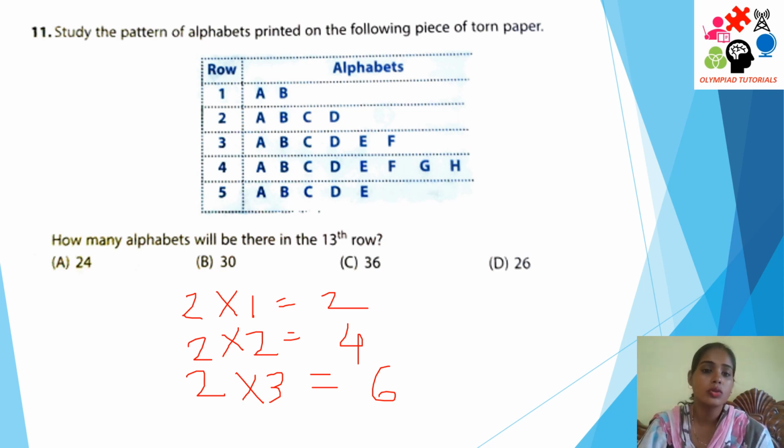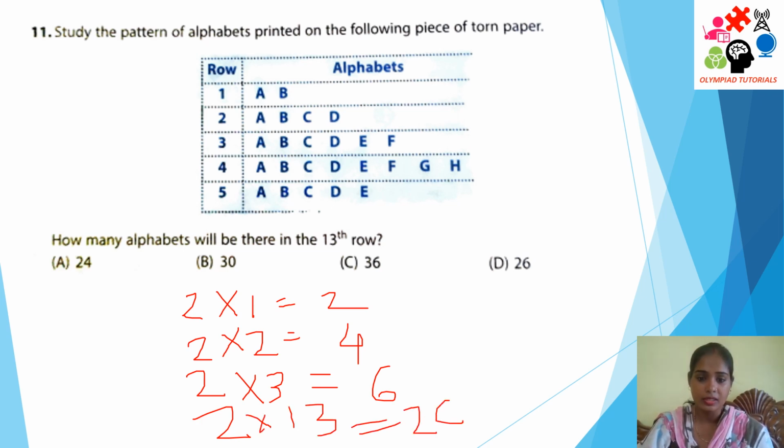In the first row you can see there are 2 elements, in the second row you have 4 elements, in the third row you have 6 elements. Here I have written the relation. It's quite easy: for row number 13 you are going to have 2 into 13, that is 26 elements. So your option number D is going to be the correct option, 26.